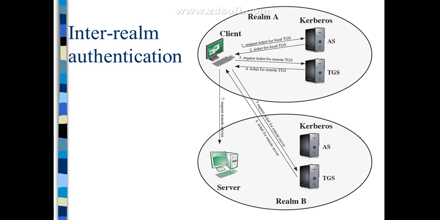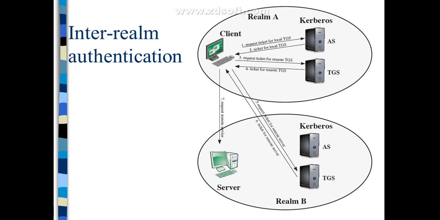Once the remote TGS in realm B receives it, it confirms the identity of the client, as the ticket for the remote TGS has been generated by the trusted TGS in realm A. So the entity can be trusted.